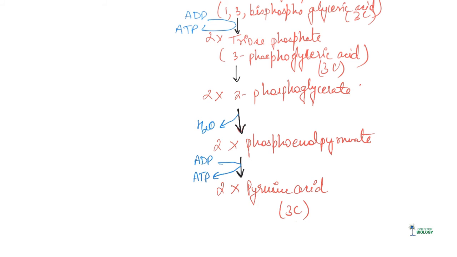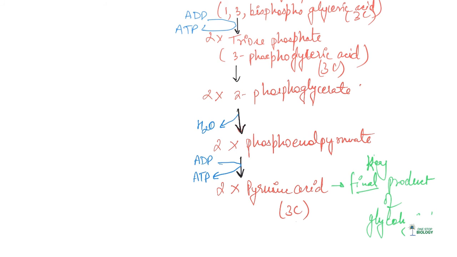So this pyruvic acid, guys, is the final product of glycolysis, and it is also known as the key product of glycolysis.